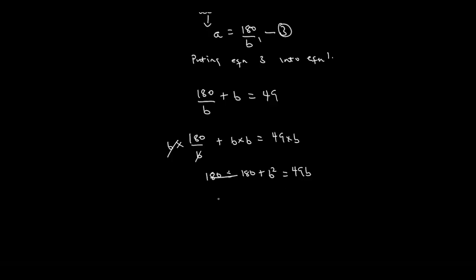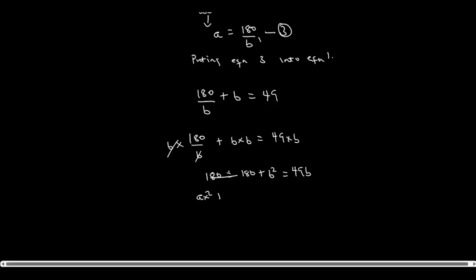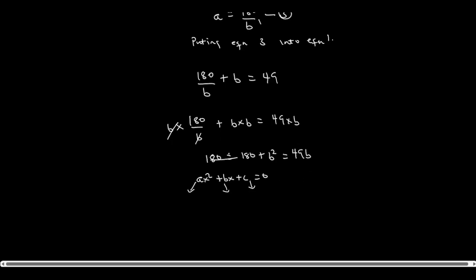So now we have a quadratic equation, and a quadratic equation is always of the form ax squared plus bx plus c is equal to 0, where a, b, and c are all constants, right? In this equation we don't have an x, we have b.